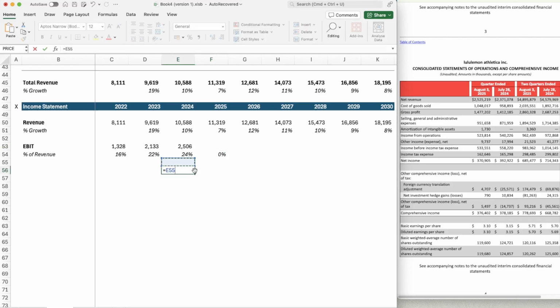So if that was divided by revenue, multiplied by 100, 2.57557757. Okay, and for now we just do the average.